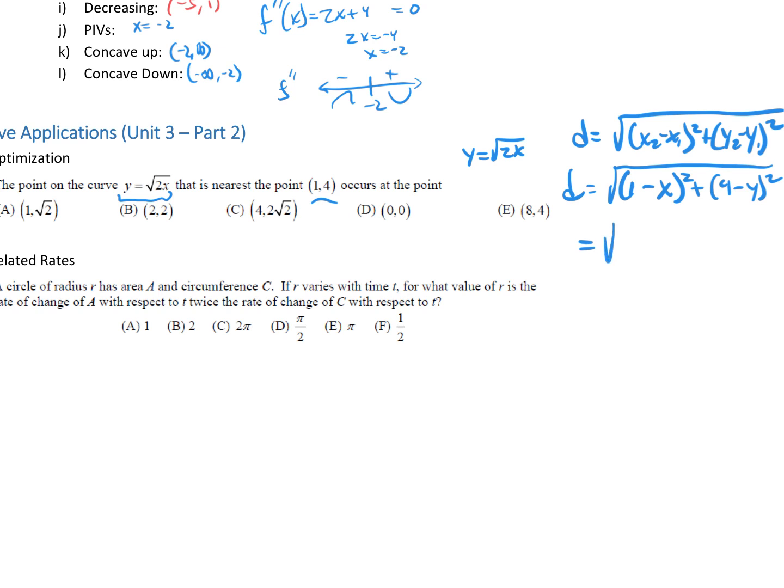So to do that, we got 1 minus x squared plus 4 minus the square root of 2x squared. All right. And we want to find the derivative there. We want to set the derivative equal to 0.